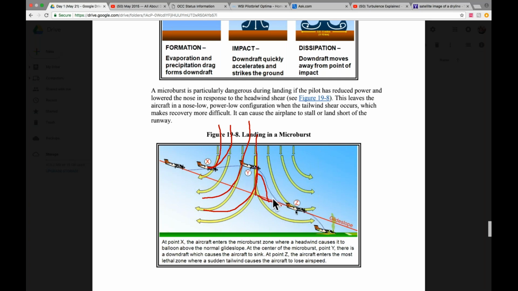So he'll jam the throttles all the way forward, which will speed him up quite a bit, but it takes a while to do that. And because he's descending so rapidly, he's going to try to pitch up, and a lot of times he'll go into a stall and crash just short of the runway.